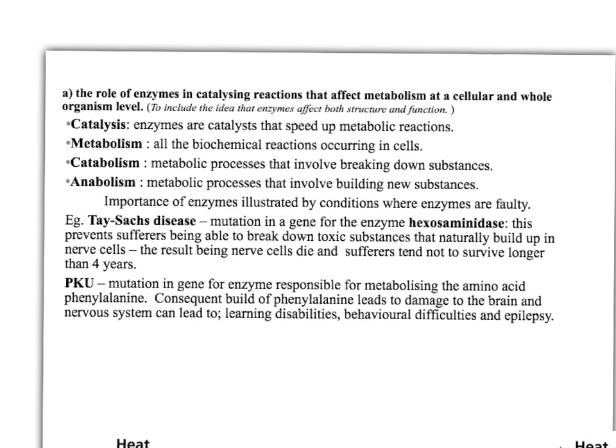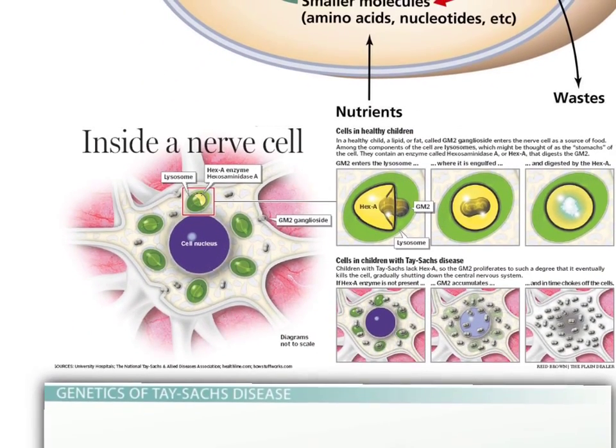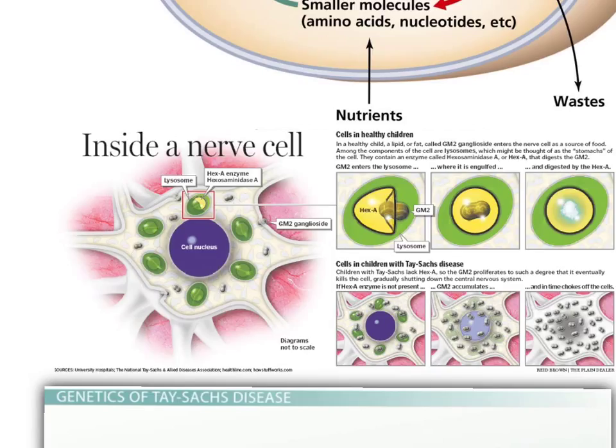If I show you that very quickly diagrammatically down here, and then I can show you a little animation of it as well. Here I have, in a healthy child, the cell body of a nerve cell, and we have these structures, membrane-bound packets called lysosomes, which contain enzymes which break things down. In a healthy individual, these gangliosides enter into these lysosomes and then are broken down by this enzyme Hex-A, so that's not a problem.